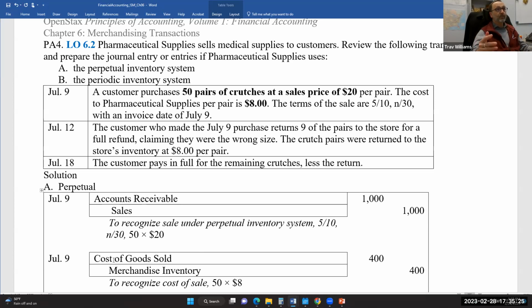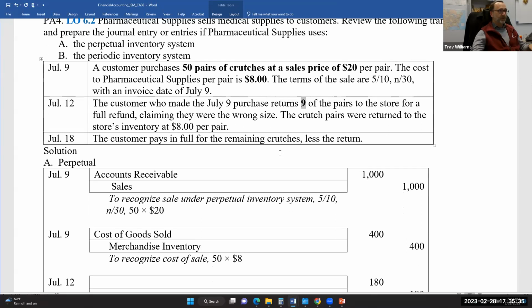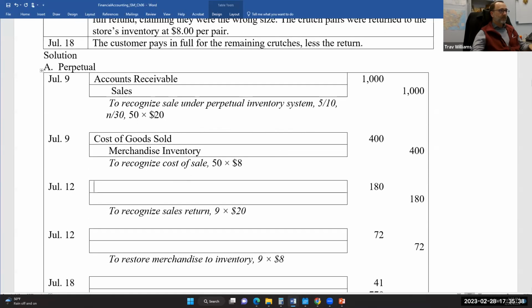Okay, so there's our perpetual sale. Then they make a return. They return 9 pairs of crutches for a full refund. Okay, so 9 pairs. Again, we're reversing this transaction, so it's sales, returns, and allowances.